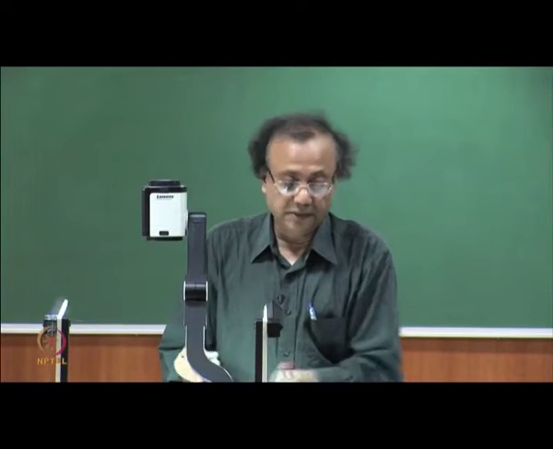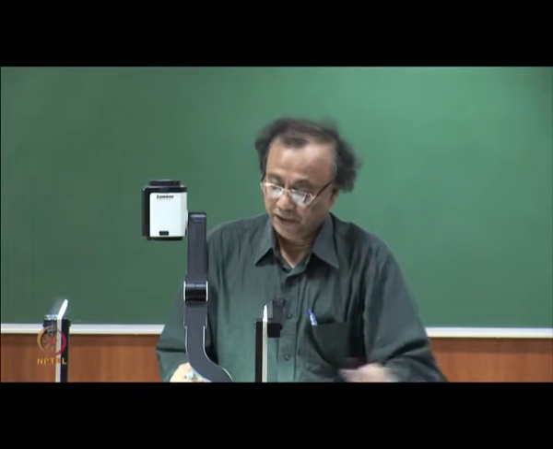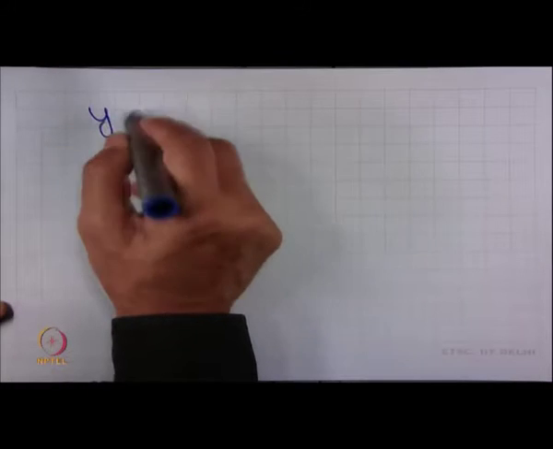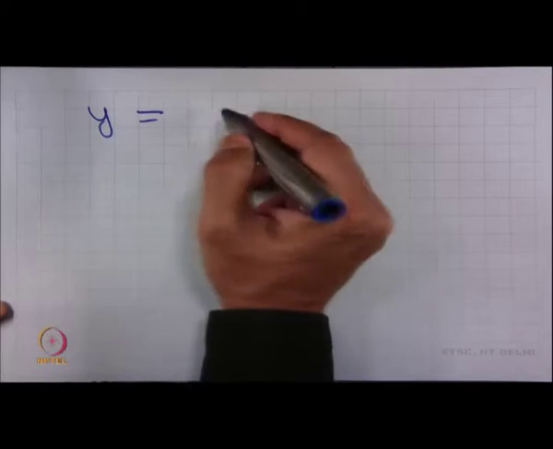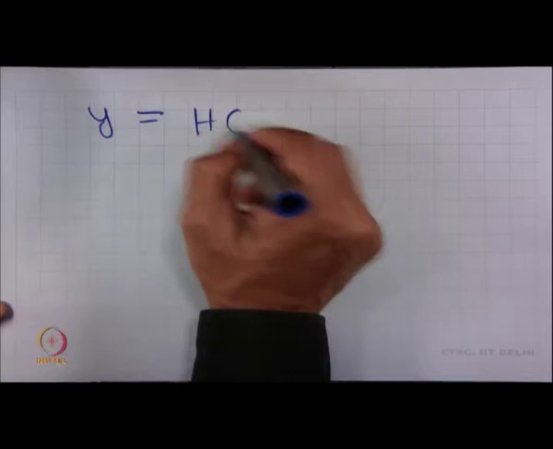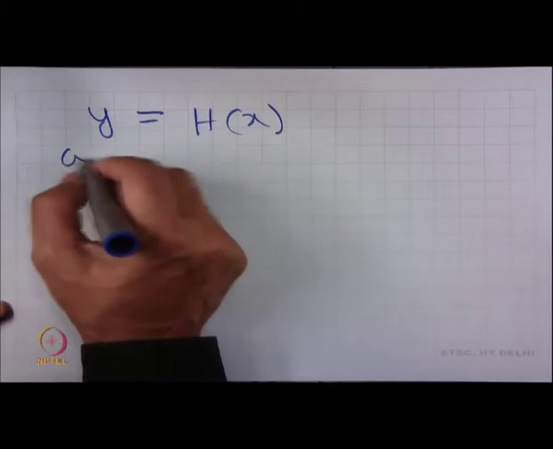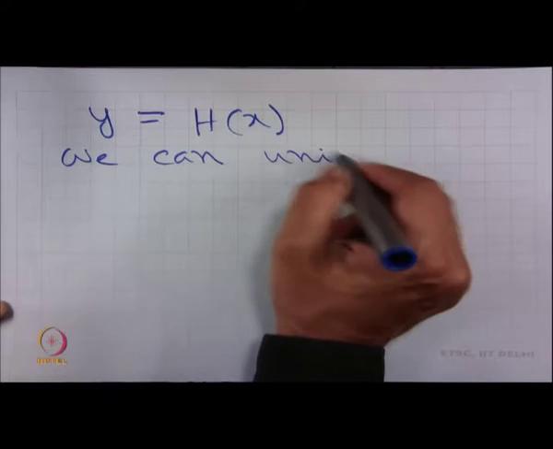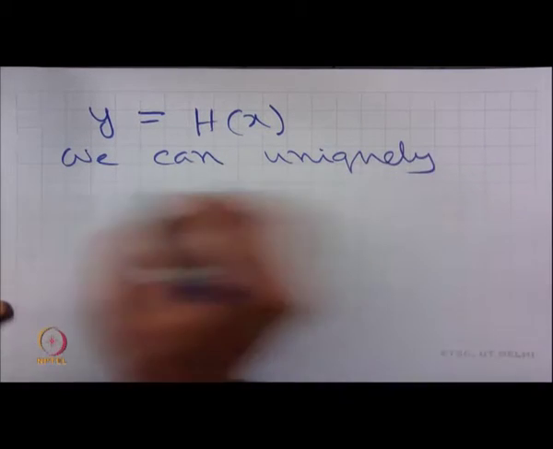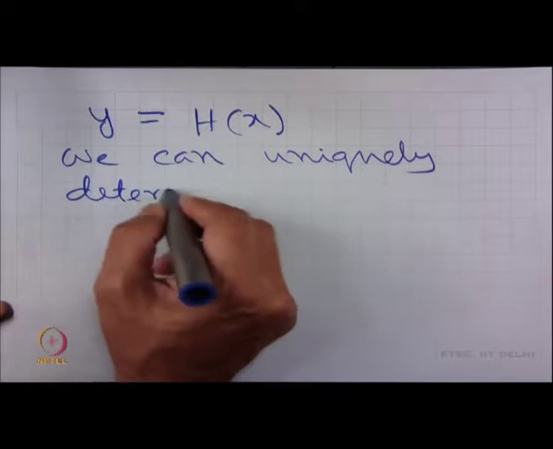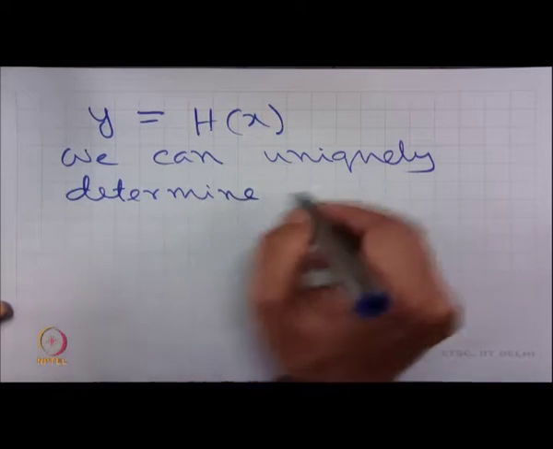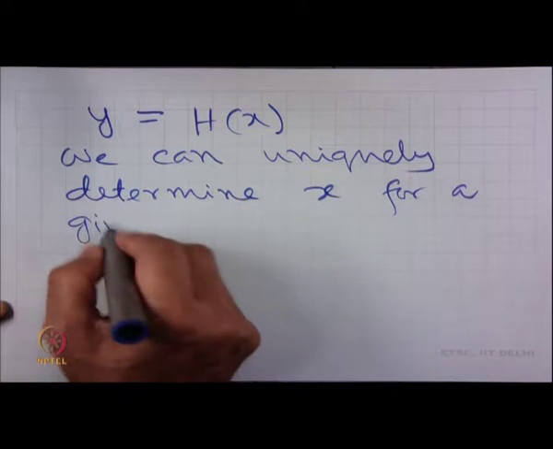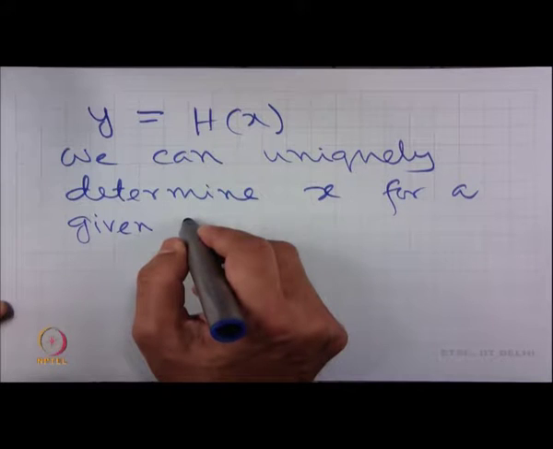As I discussed, the monotonicity is important, because then for any given y equal to say h of x, we can uniquely determine x for a given y.